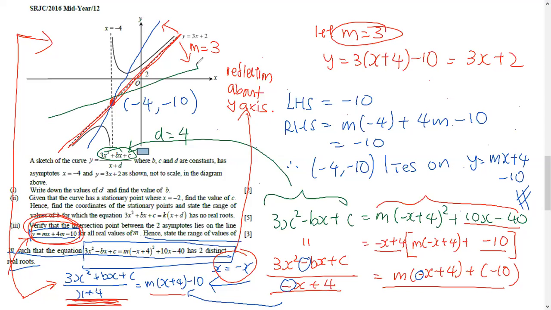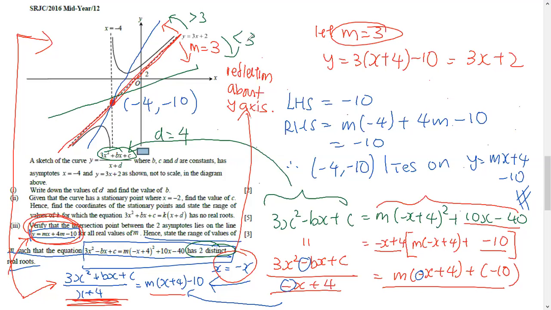All right, so back to the point whereby I need two distinct roots. If I need two distinct roots, do I want the gradient to be steeper or gentler? So do I want the gradient to be more than 3 or less than 3? This is more than 3, this will be less than 3.